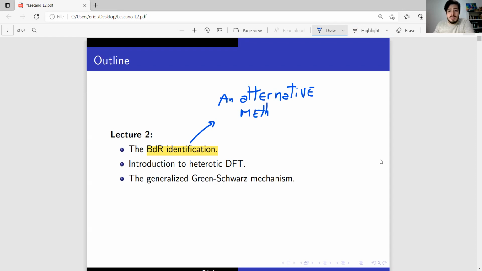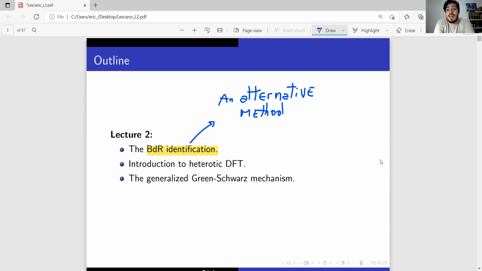But this method only works for the gravitational four derivative terms. For us, that's okay.